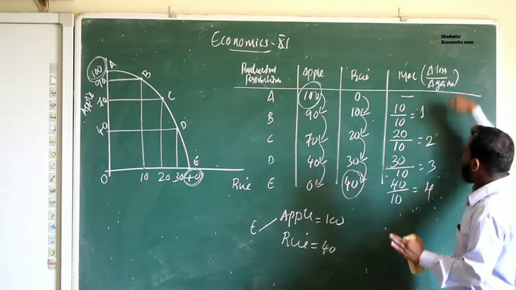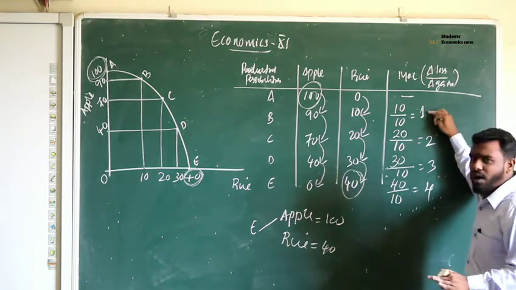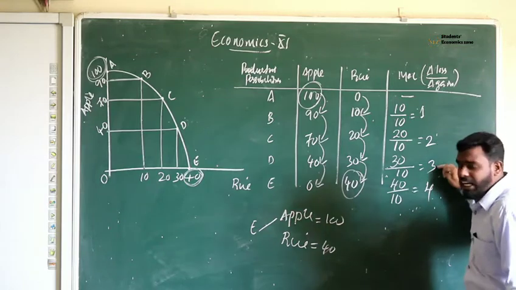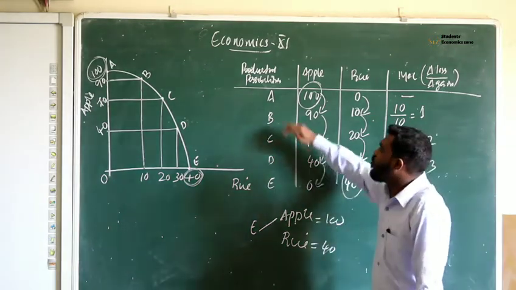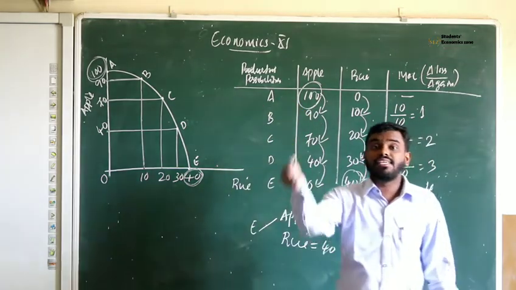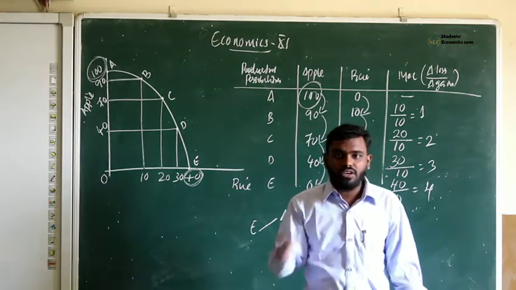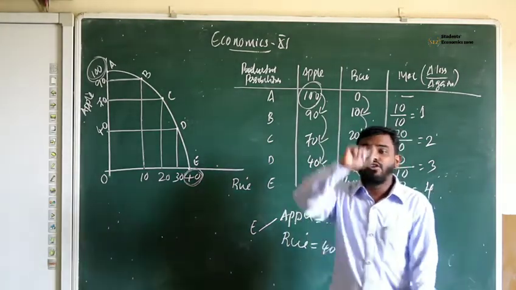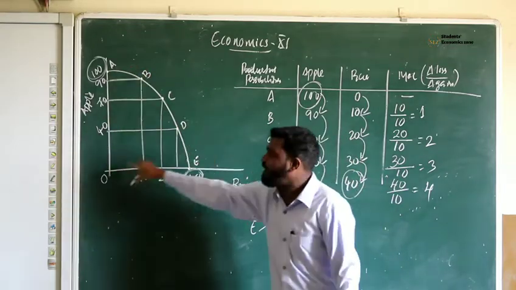Now observe the nature of marginal opportunity cost. Initially it was 1, then it became 2, then 3, then 4. When the economy is moving from one point to another, what happened to MOC? MOC is increasing or decreasing? MOC is increasing. So keep in mind, normally the shape of the production possibility curve is concave to the origin.